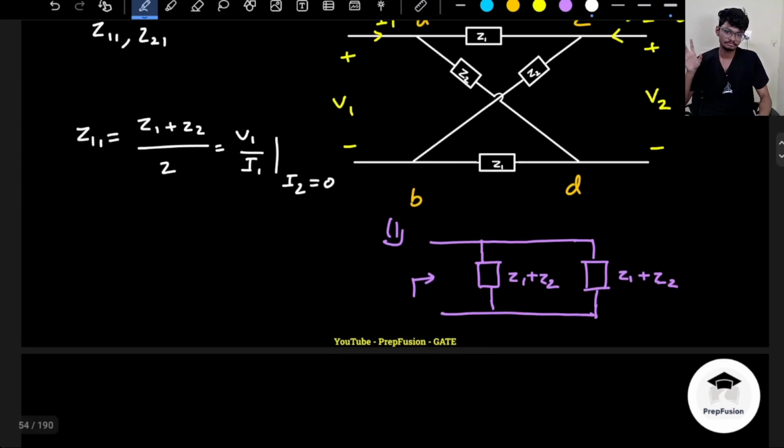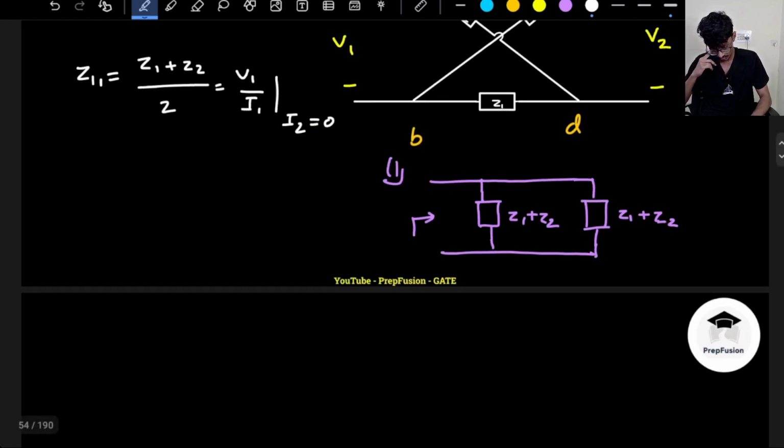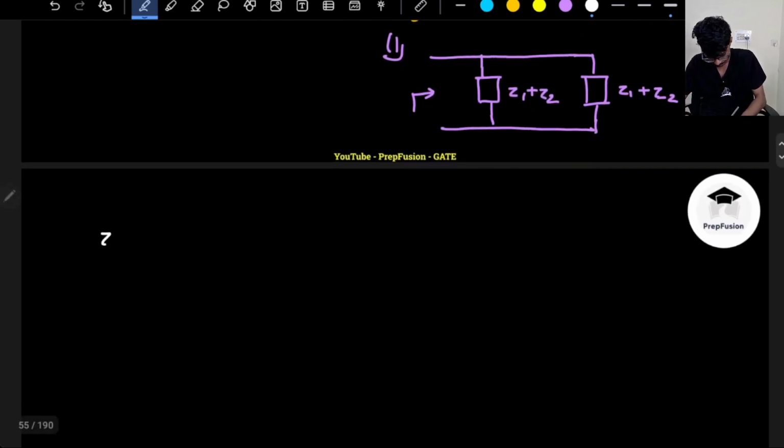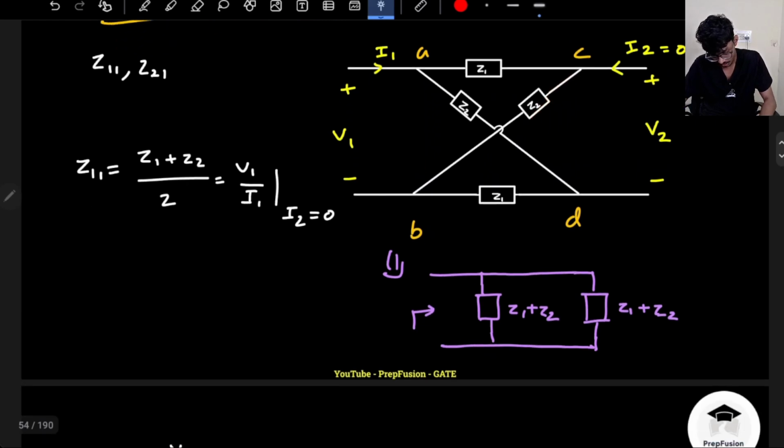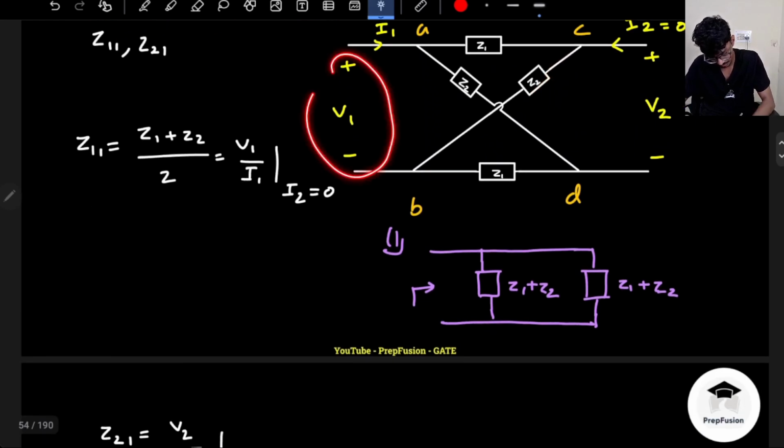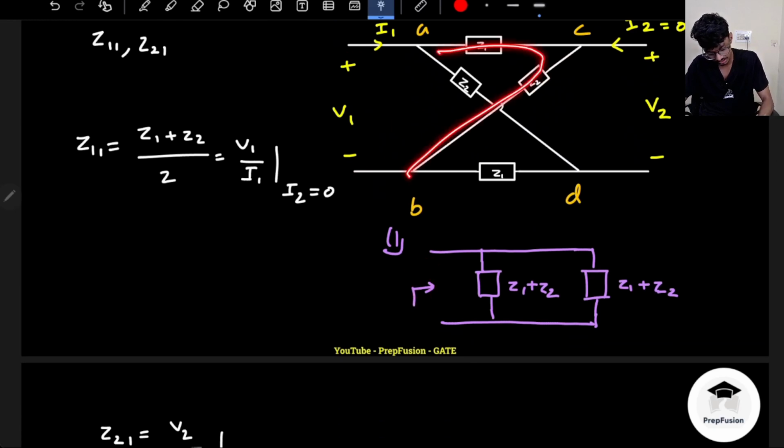Now what about the other impedances? What about Z21? Z21 will be a bit difficult to calculate. It is V2 by I1 when I2 is 0, so I have to calculate V2 by I1. This is my V1, and this voltage is across the Z1 plus Z2 combination and across the Z2 plus Z1 combination.